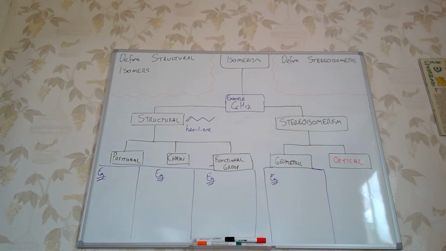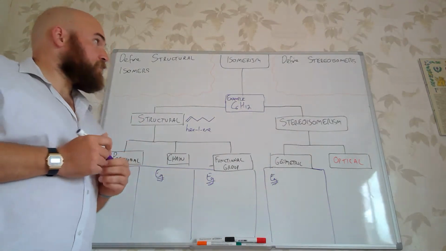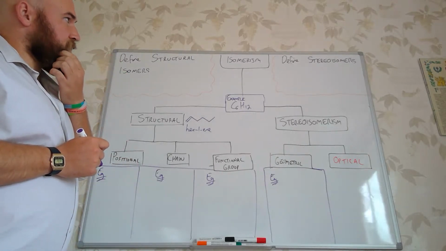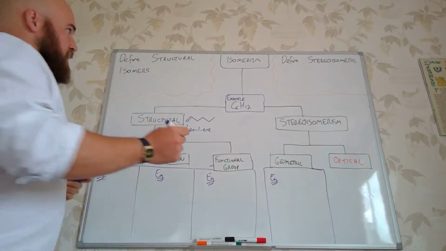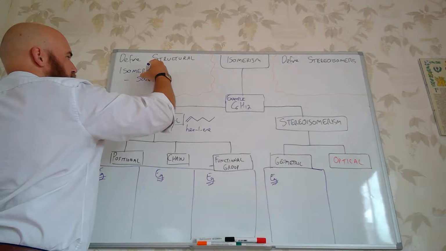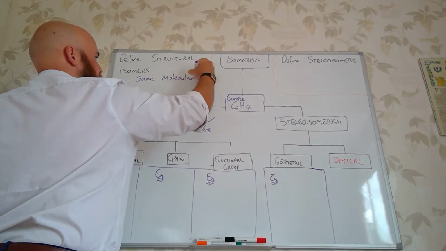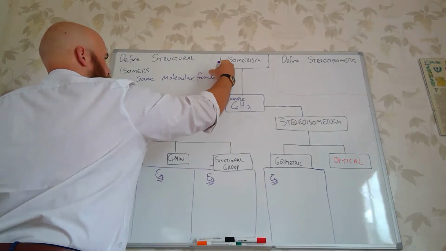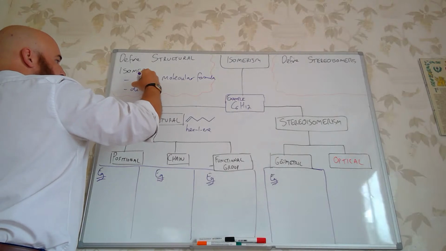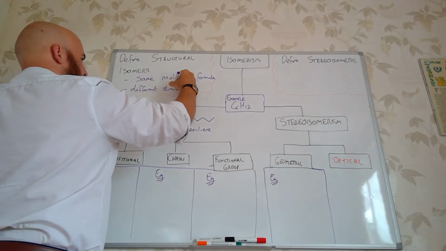Okay, folks, we'll make a start with going through these answers. So we'll start with the definitions. So the definition of structural isomers, you're looking for compounds or molecules with the same molecular formula, i.e. C6H12, something like that, but different structural formula.